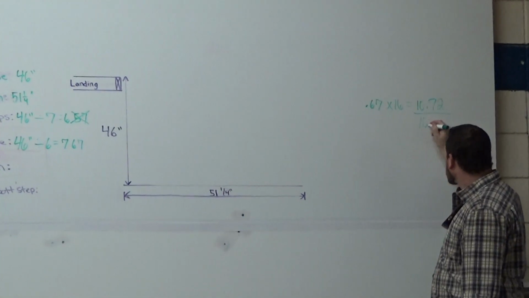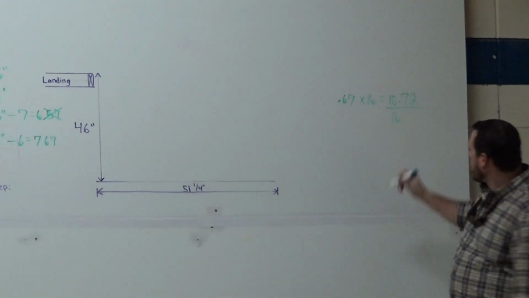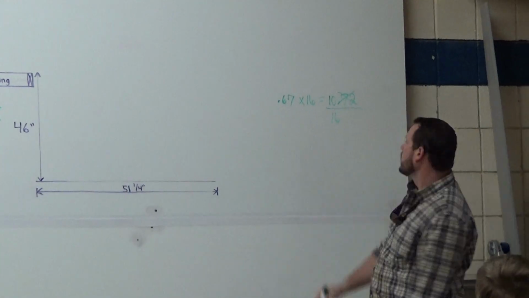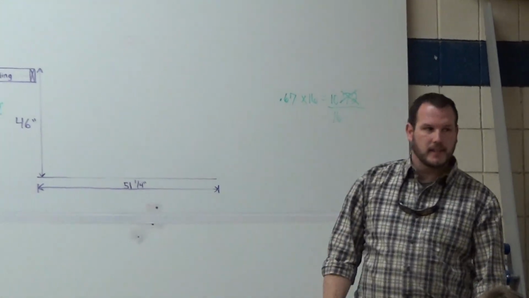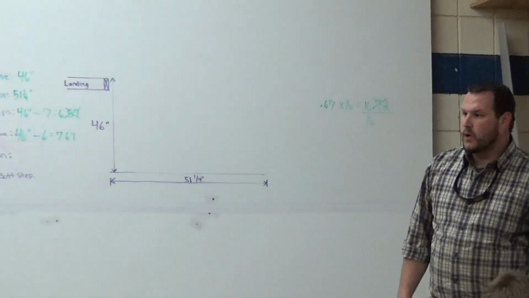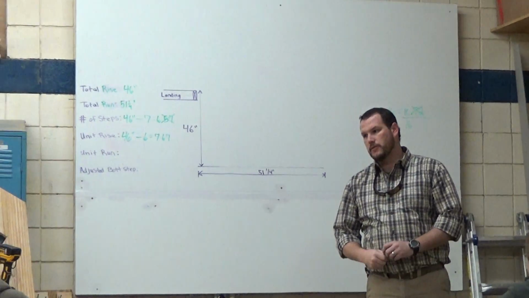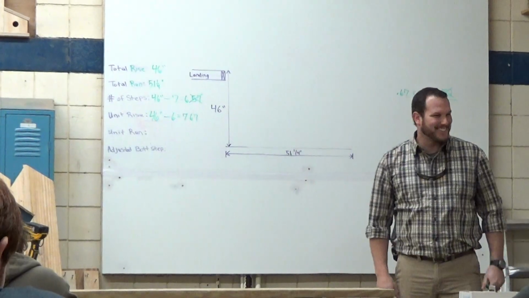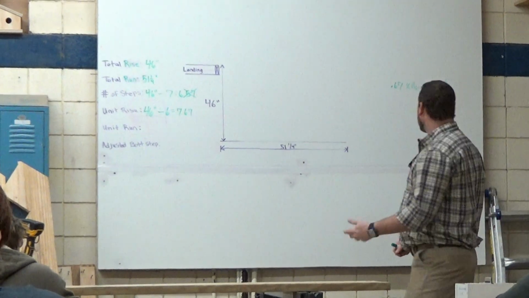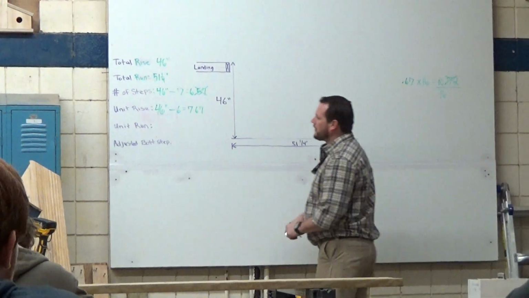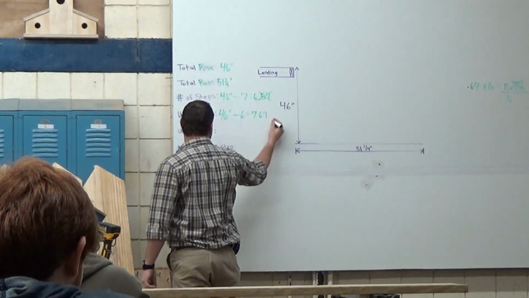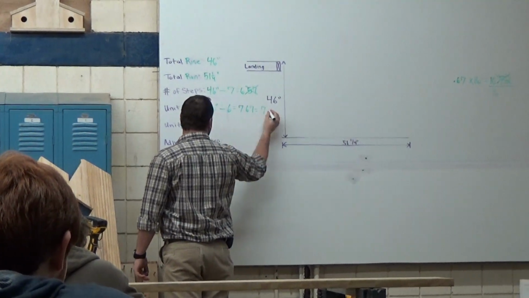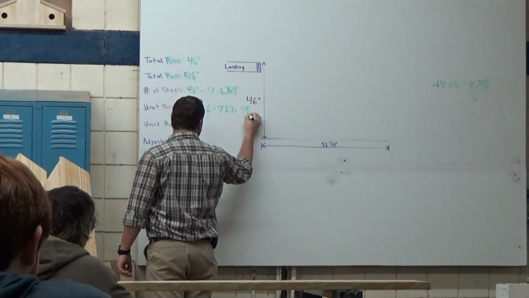I'm going to put that over 16. I'm going to get rid of 0.72, and I'm going to have 10 sixteenths. What do we got to do to 10 sixteenths? Reduce it down to 5/8. All right, 7 5/8. So our unit rise is 7 5/8.